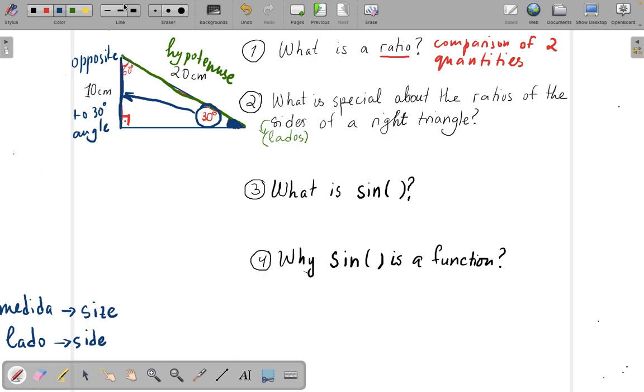So if I create a ratio of those two sides, ratio significa que vamos a dividirlos para ver how much bigger is one side from the other. So I'm going to compare the opposite side, and I'm comparing the opposite side to the hypotenuse.